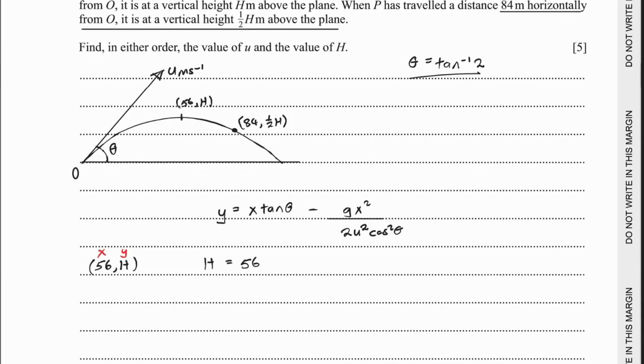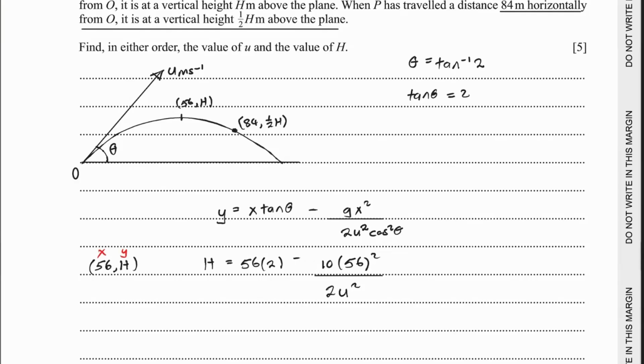Now, since theta is arctan 2, it means that tan theta is equal to 2. So we have 56 times 2 here, minus g, which is 10, times x squared, which is 56 squared, divided by 2u squared cos squared theta.